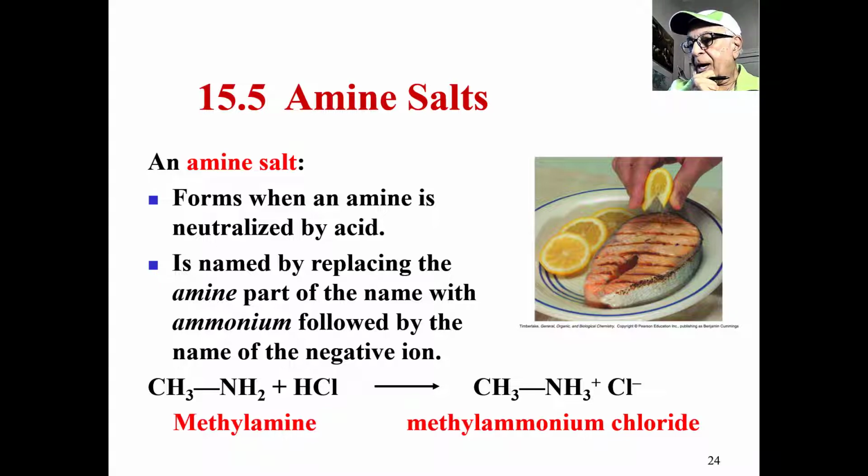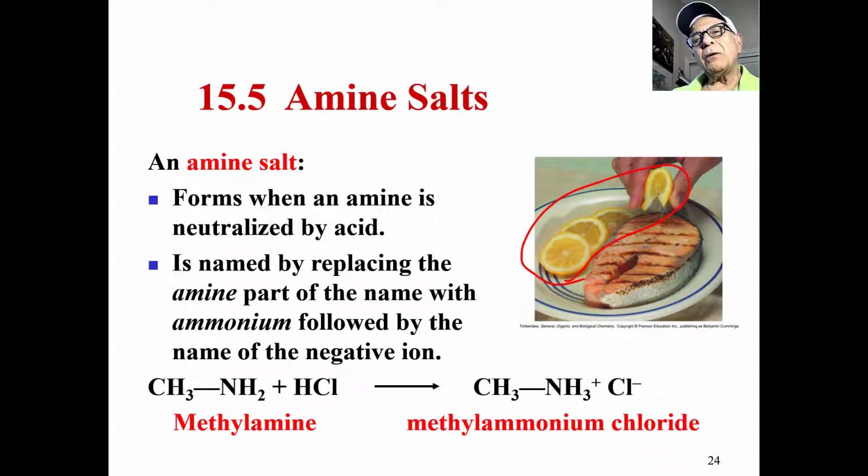Have you noticed most people, when they are eating fish, add lemon to it? Why? Well, lemon has citric acid. The citric acid is going to neutralize amines which are produced by decomposition of the amino acids in fish.